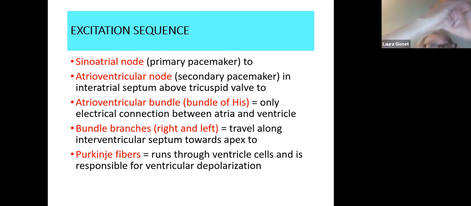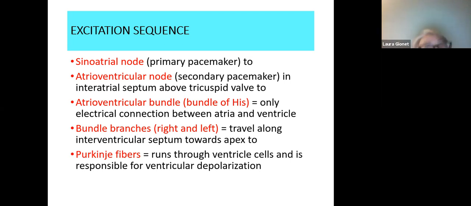From there, it's going to branch off and travel to the right side of the septum or the left side of the septum, destined from the right side to provide the impulse to the walls of the right ventricle, and from the left side of the ventricular septum, to supply the left ventricular walls.